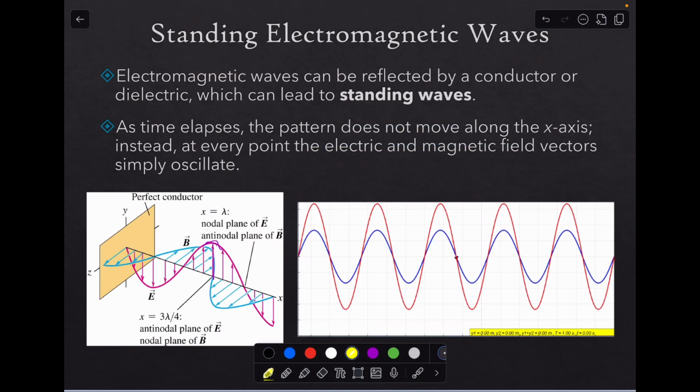The electric field inside of a conductor is always 0. If we have a traveling electromagnetic wave, the E field and the B field are in phase. The cosine functions are the same for each one, cosine of kx minus omega t. They're in phase.